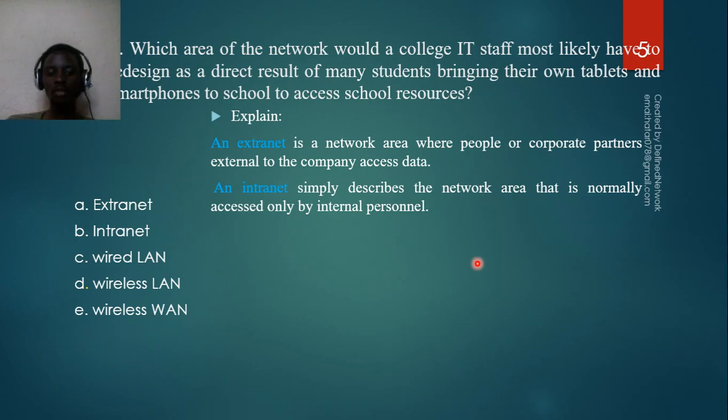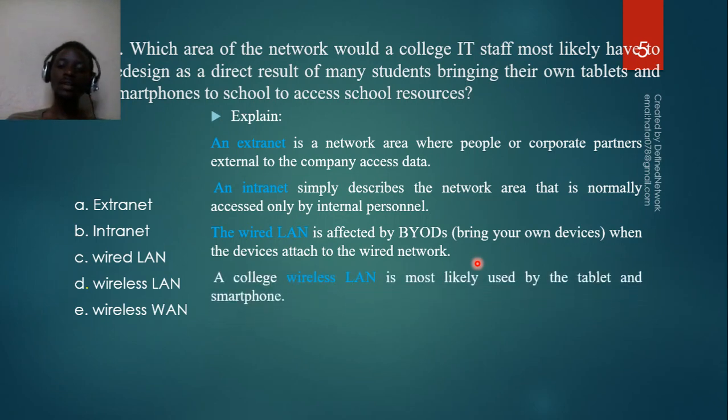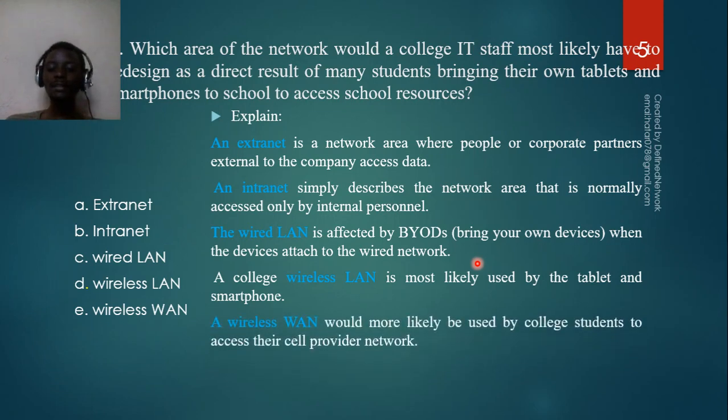So it's like a local area network accessed only by internal personnel. Wireless LAN is most frequently used by tablets and smartphones. It would more likely be used by college students to access their school-provided network. So you can guess the answer now. The answer is wireless LAN.